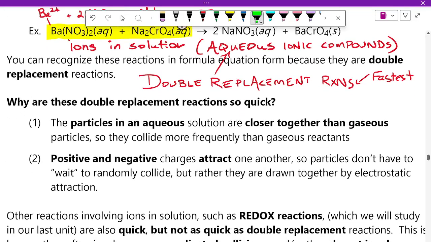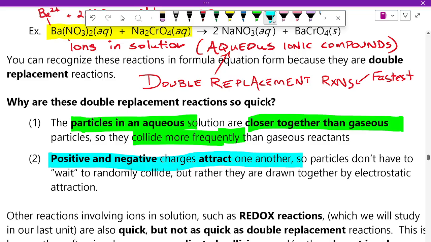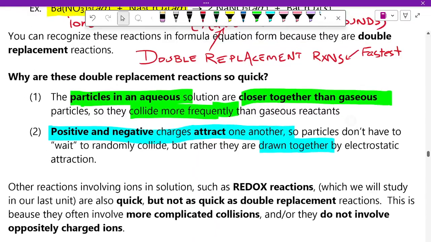So first thing, particles in aqueous solution are closer together than gaseous, so they collide more frequently. Second, the positive and negative charges attract one another. So they don't have to wait to collide randomly, they are drawn together by that electrostatic attraction.